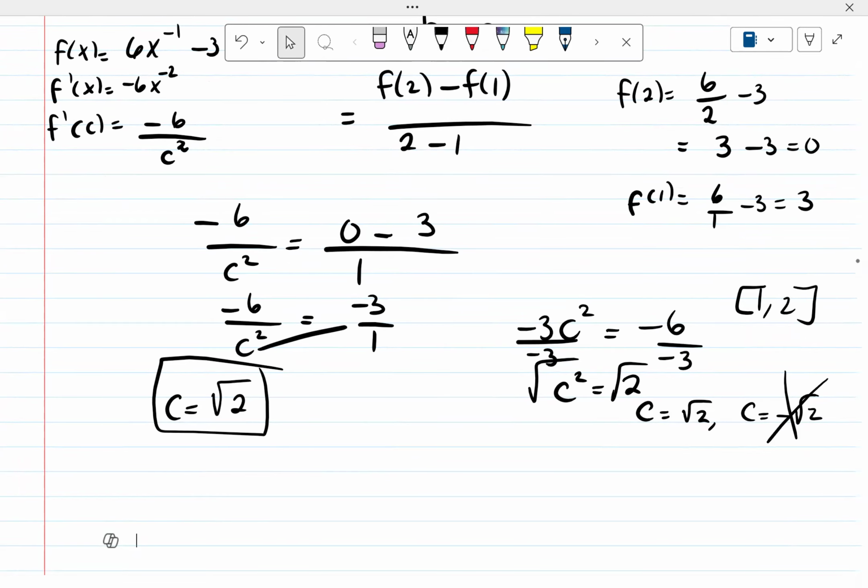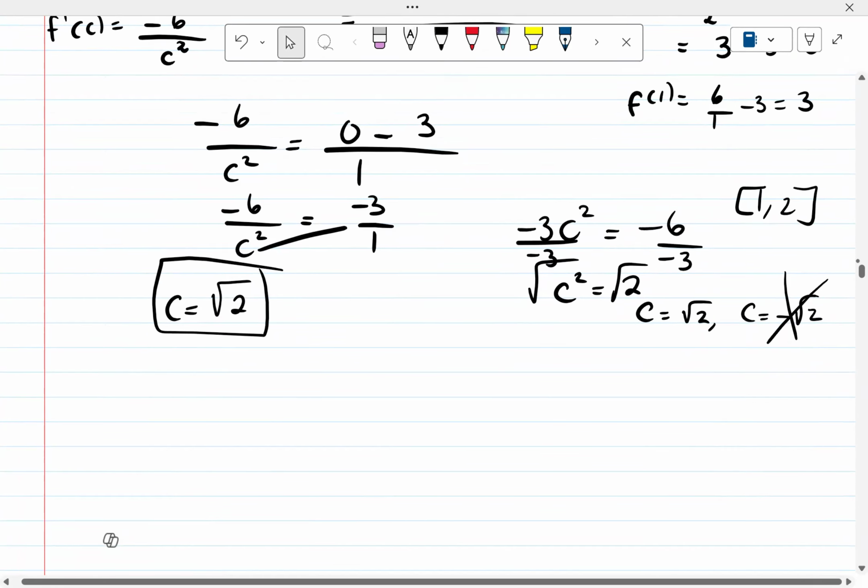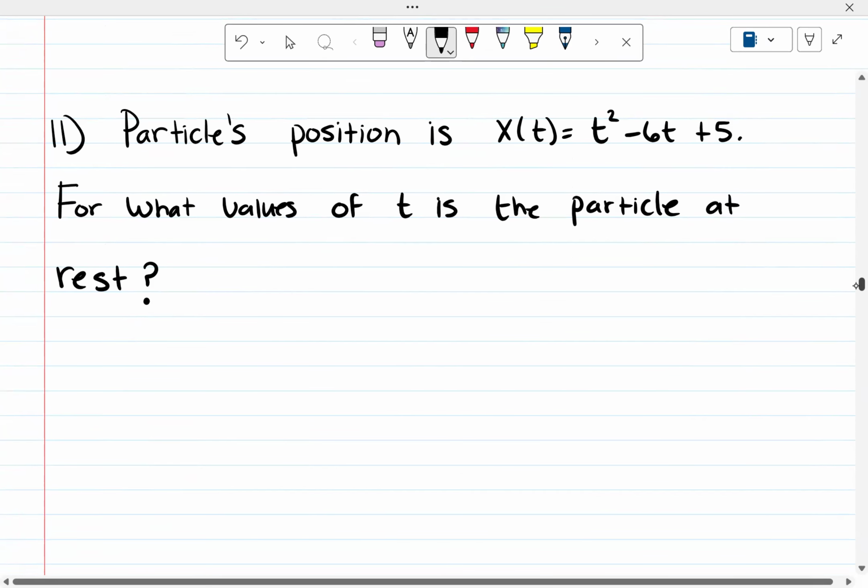Let's move on to number 11. Okay, so number 11 says particle position is x of t equals t squared minus 6t plus 5. For what values of t is the particle at rest? So what does that mean? They give us x of t.